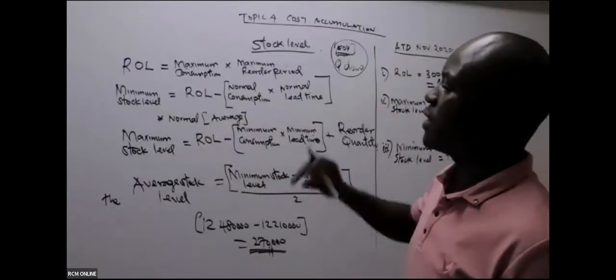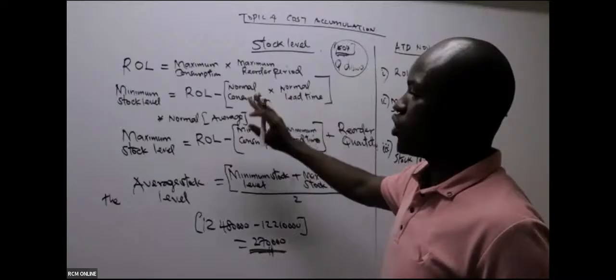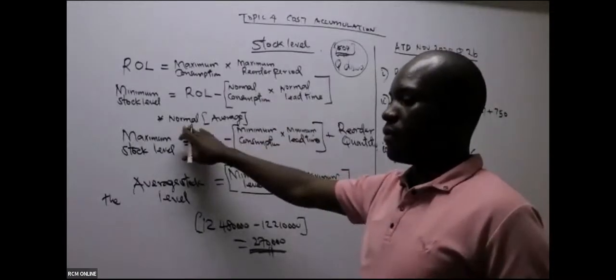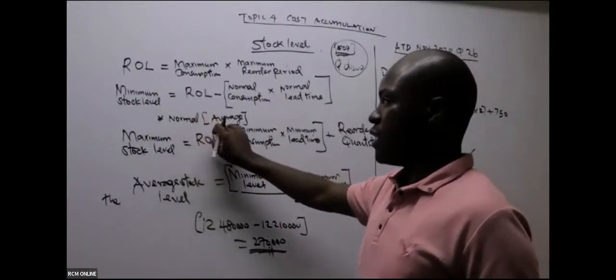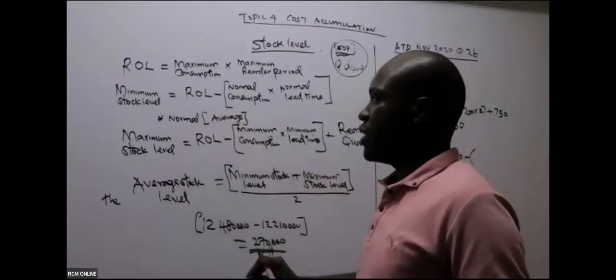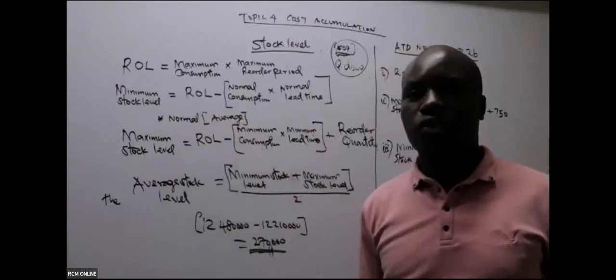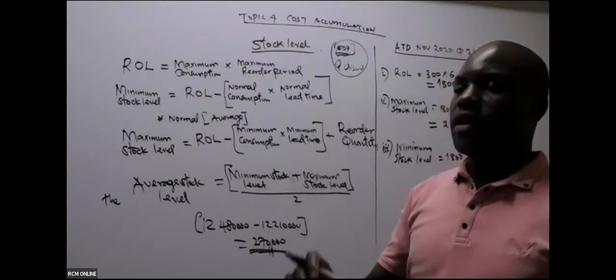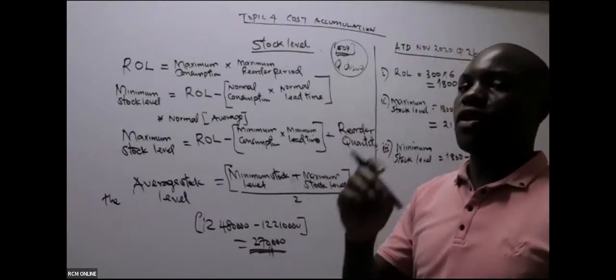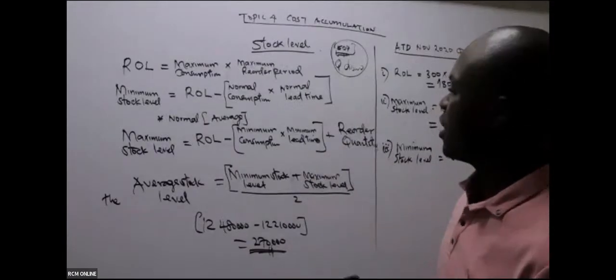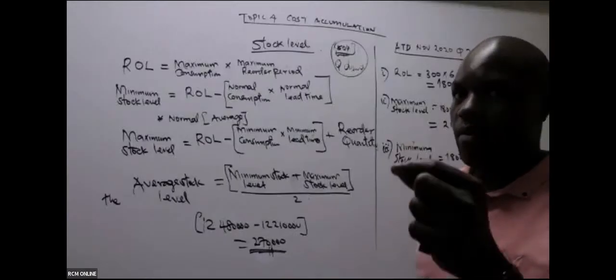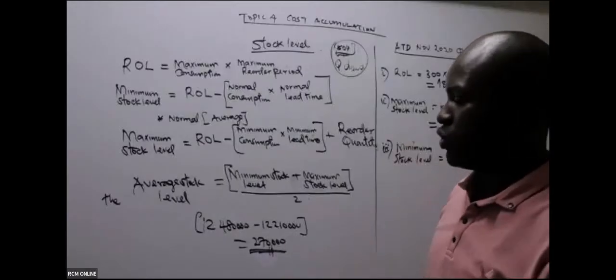If that word is still missing, then use what you have to get what you don't have. So if these two items are not given specifically in the question, there's nothing like normal or average consumption or lead time, then you must use the maximum and minimum so that you get your average.